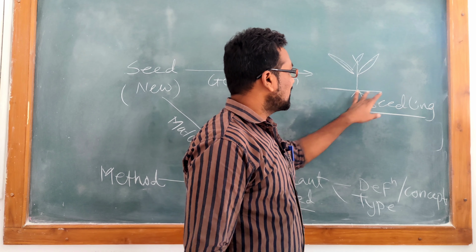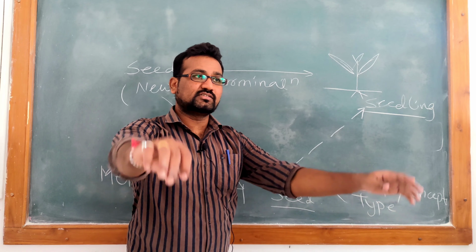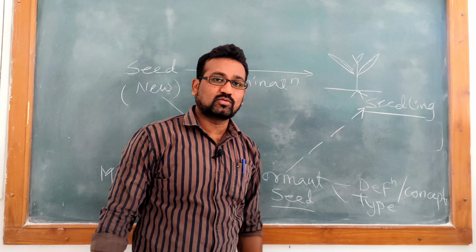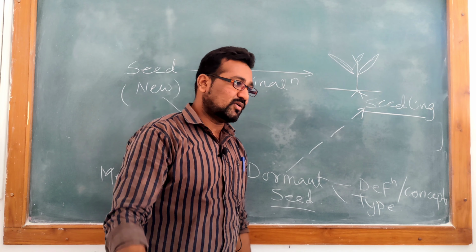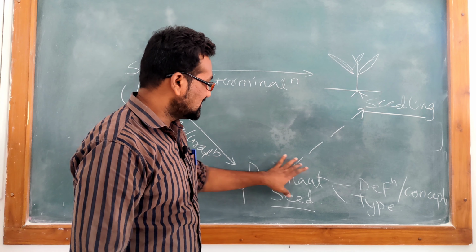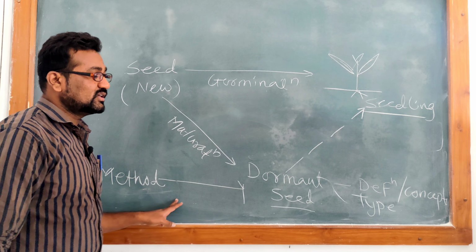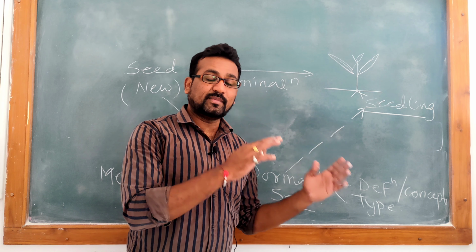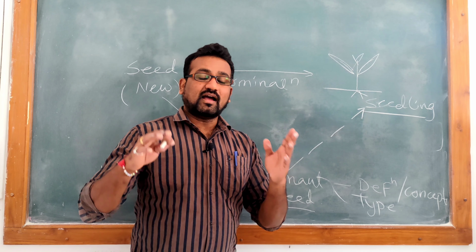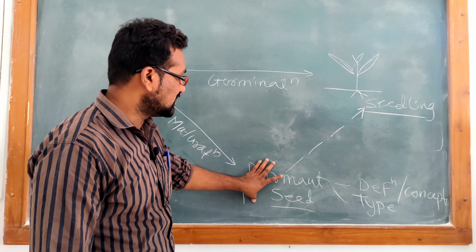What is important for us is this seedling, because from an agricultural point of view, if there is no seedling, there is no agricultural growth; what you have is only a dormant seed, which is of no use. To treat this seed, we have to apply methods to break the seed dormancy, which is the topic of our discussion. There are several different methods by which you can break this seed dormancy.